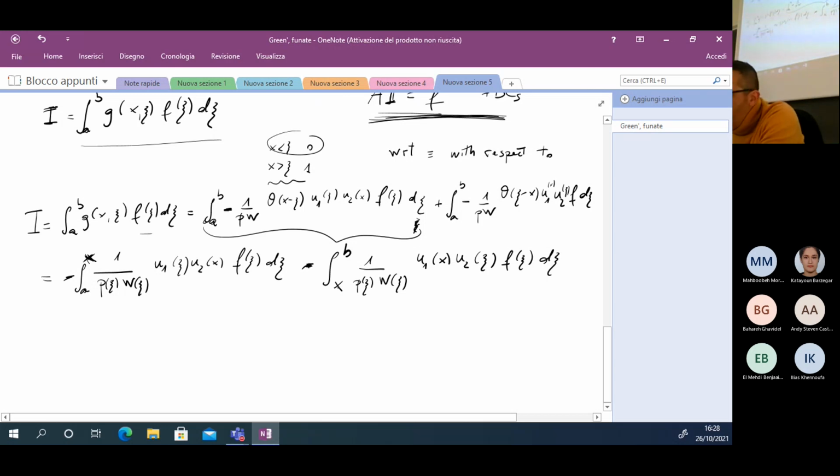The theta is basically inside the fact that now these extremes are different. We have to use again the Leibniz rule, which lets me write the integral between a(x) and b(x).